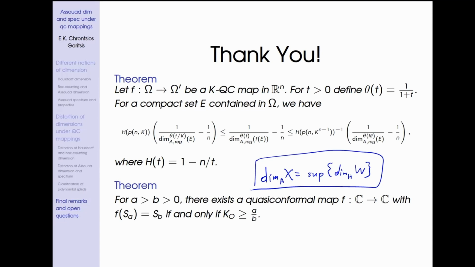Okay. And also a final question, again related, because quasi-conformal maps are also locally quasi-symmetric. Could there be some alternative argument using blow-ups, at least for the distortion of the Assouad dimension? So maybe you blow up your map and the sets and go to the tangent spaces, and then you see how the map distorts the Hausdorff dimension of the blow-up. So you're asking if there is some similar estimate for just quasi-symmetric maps?